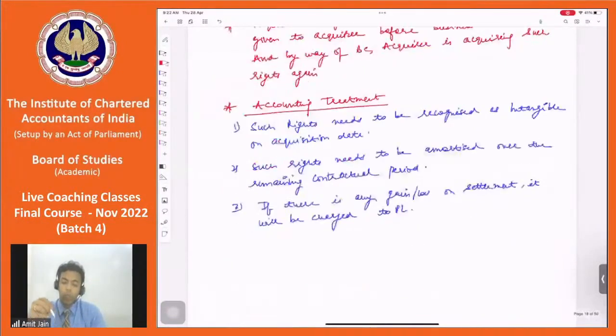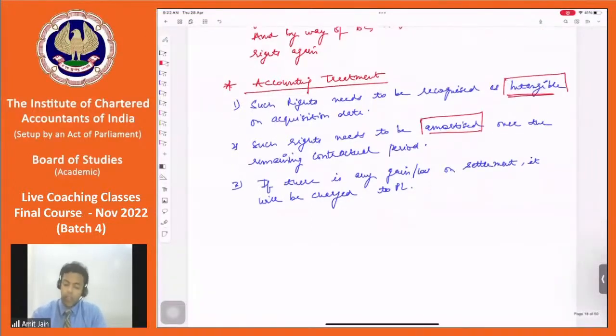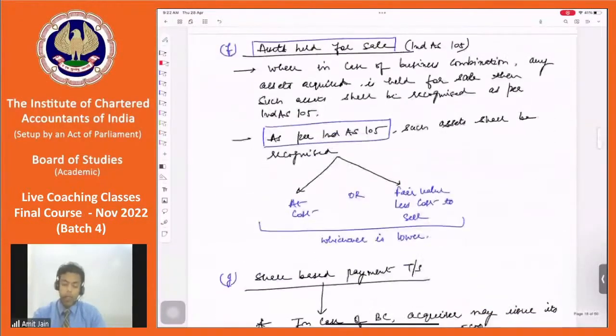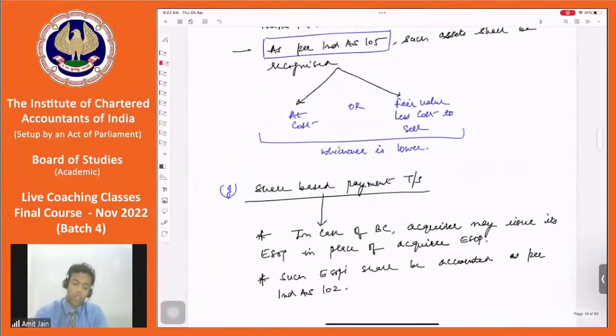So I need to book those rights as an intangible in my books of accounts, and that will be amortized over the remaining contractual period. And if there is any gain or loss on the settlement, it needs to be charged to P&L. Correct? Next is asset held for sale. If I'm acquiring a business in which the acquiree is having an asset which is held for sale, I need to recognize that asset at cost or fair value, whichever is lower.